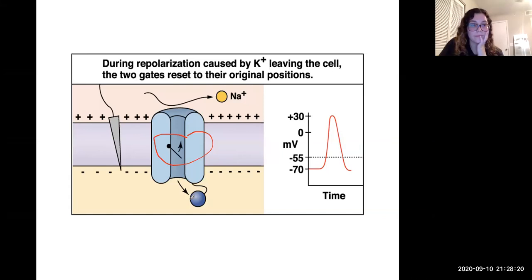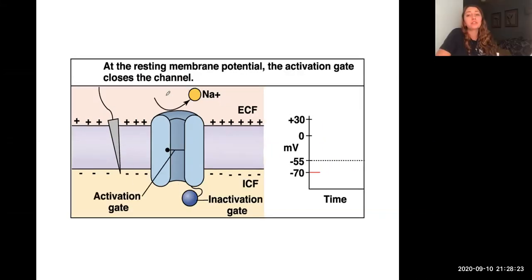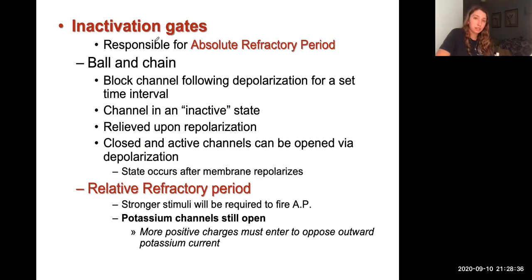Yeah. So then at resting membrane potential, the activation gate closes the channel, just like I just explained. Sodium cannot enter and it's active. That's at negative 70 millivolts. The activation gate is responsible for the absolute refractory period. Ball and chain block the channel following depolarization for a set time interval. The channel is in an inactive state, relieved upon repolarization after it reaches negative 70.